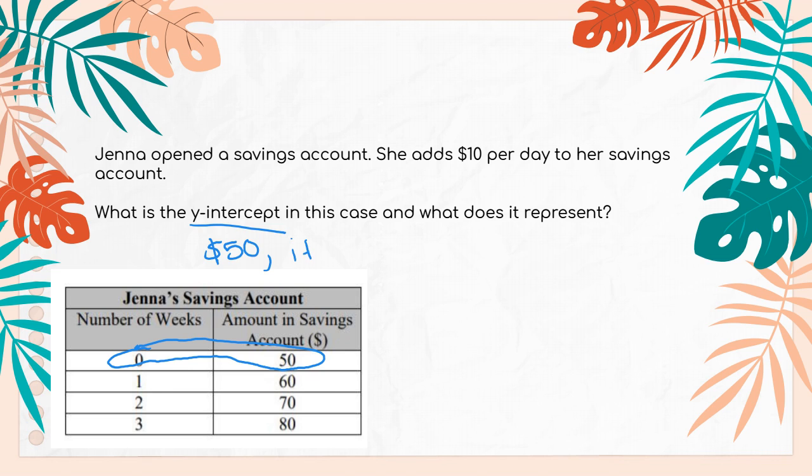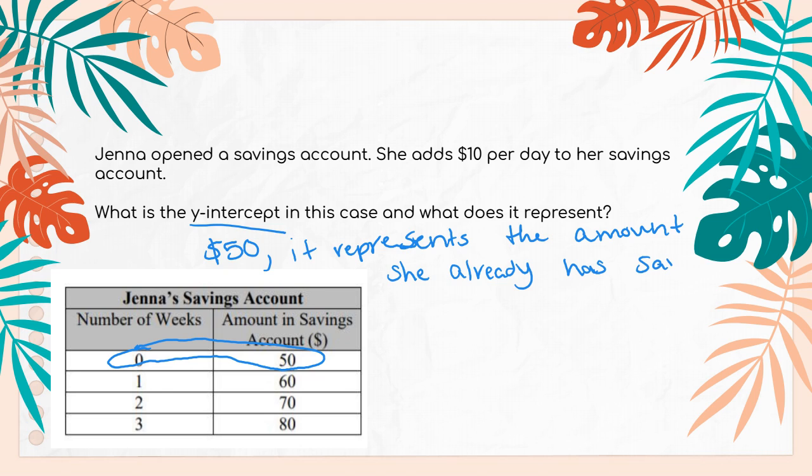It represents the amount she already has saved, or the amount that she starts with. Because remember, it's the initial value. And so she starts with $50, and then she's adding the $10 per week. So it's going up by 10 each time.